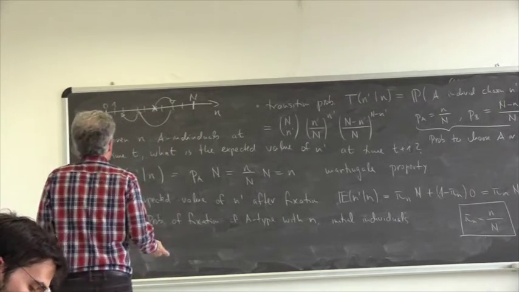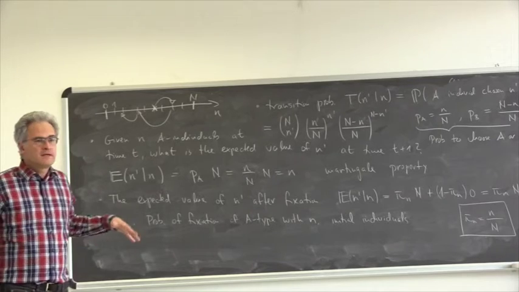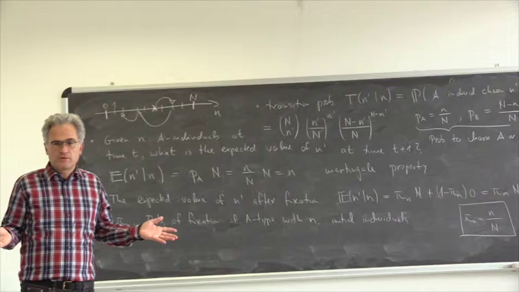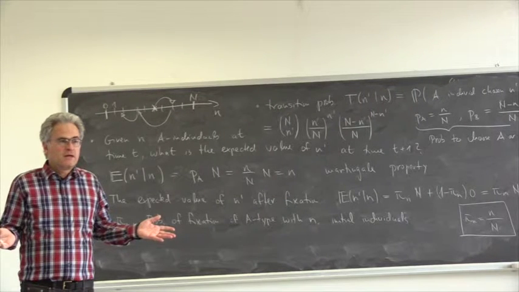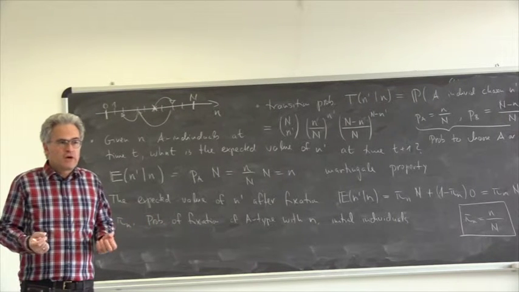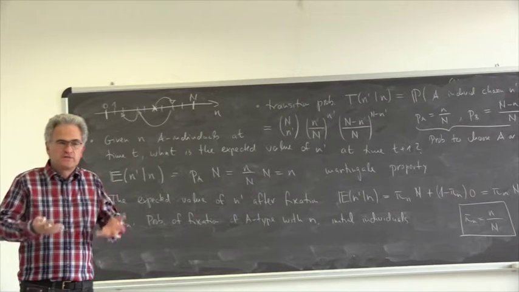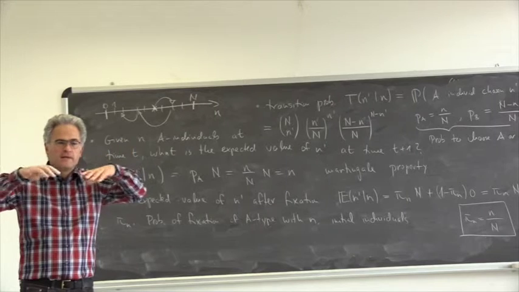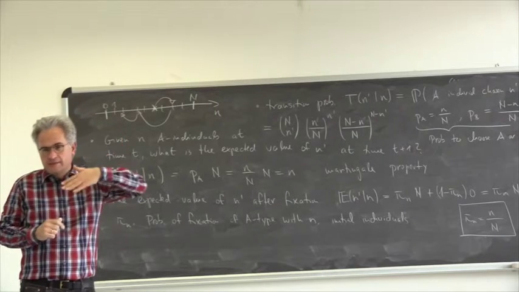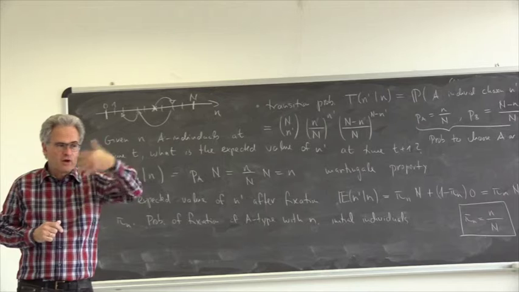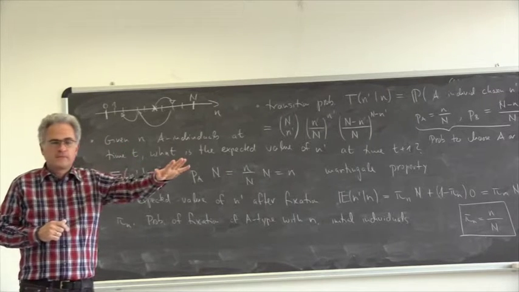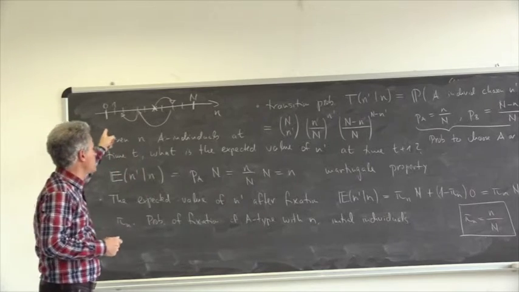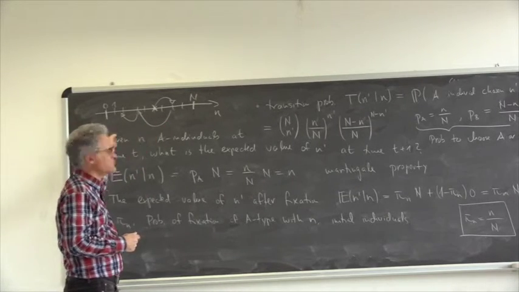Another way of thinking about this is to say that in your initial state you have capital N individuals. If you think about the genealogies of these individuals, these individuals will leave offspring in the future, and in the long-term future, suppose you assign different types to all the individuals.